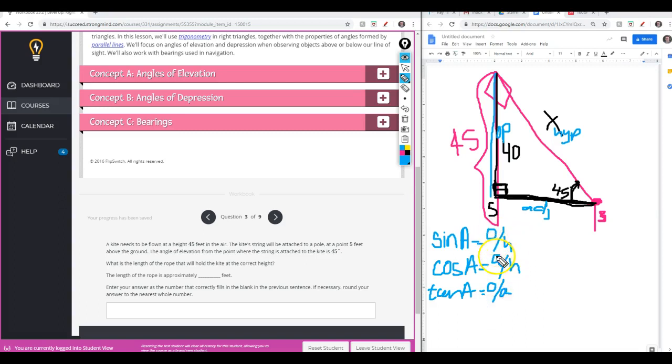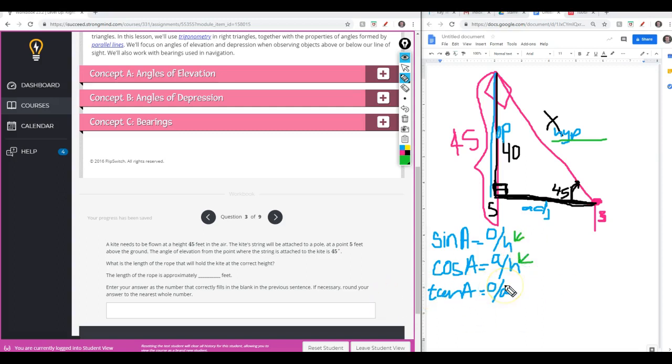So now we have to choose which of these we're going to use. So first I'm going to identify what is the side length that we want to find. Well, we want to find the hypotenuse. So the two trig functions that we have to find the hypotenuse right now are sine and cosine because they have the hypotenuse in their ratio.